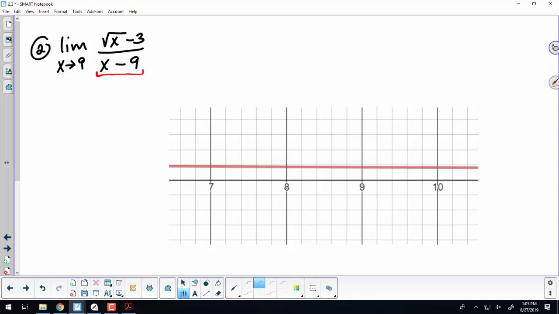The x minus 9 is the issue, because it's giving us a 0 in the denominator. But if we view x minus 9 as a difference of squares, we can say that's the square root of x plus 3 times the square root of x minus 3. And then we can immediately see that that will eliminate with that factor up top.